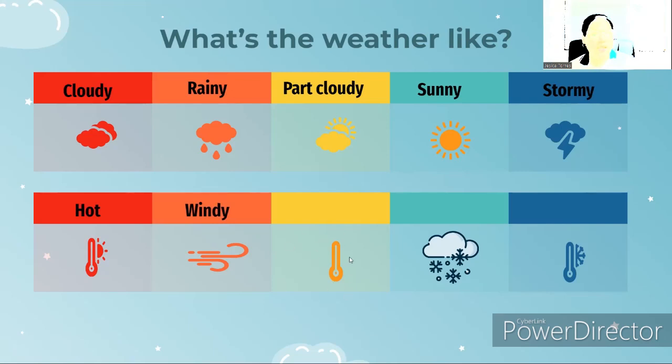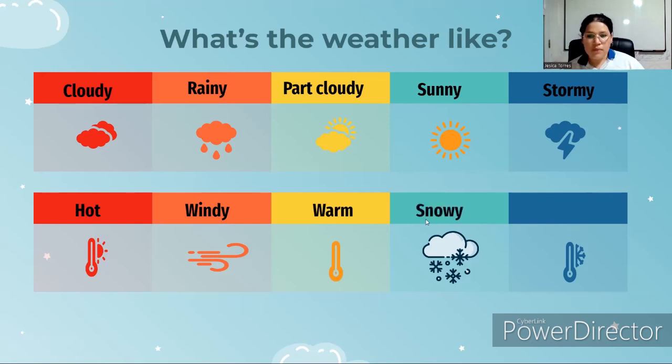Okay, this is again related to temperature. And it's in between. It's not hot, it is warm, warm, good, excellent. And what can you see here? Snow. So it is snowy, snowy, good. And the last one related to temperature again. So we have hot, warm, and cold, cold, excellent. All right.